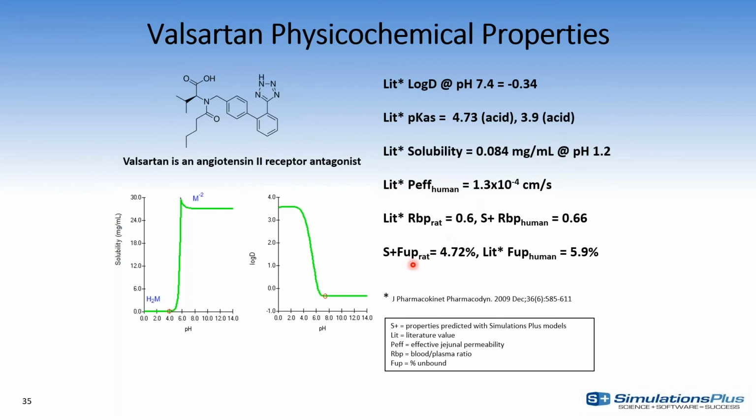For the FUP, we don't have measurements for the rat, but for the human, we do have a measurement of 5.9%, very close to the predicted rat value. So in this model, we're going to keep this 5.9% for both the rat and human.